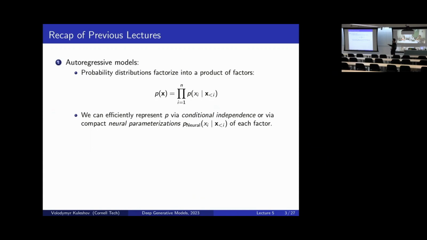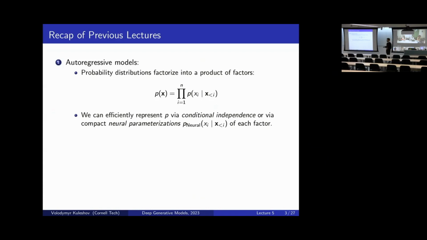For any distribution, we can apply this formula, which is the chain rule of probability. We can write it as a product of factors. And then the idea of a neural autoregressive model is that we approximate each of these factors by a model that's parameterized by a neural net.